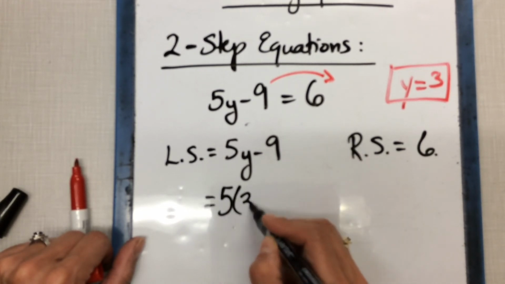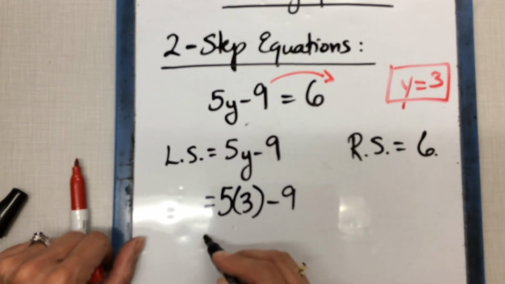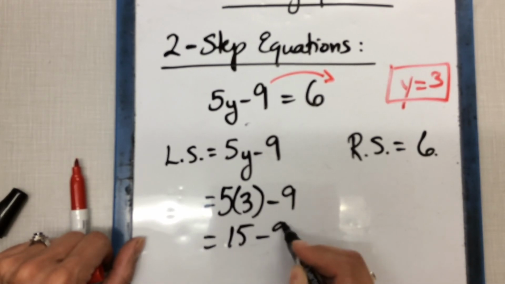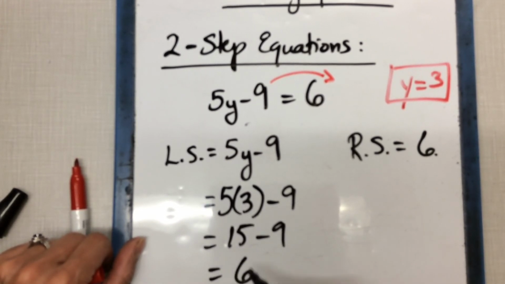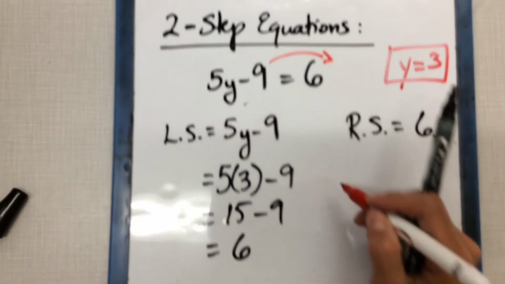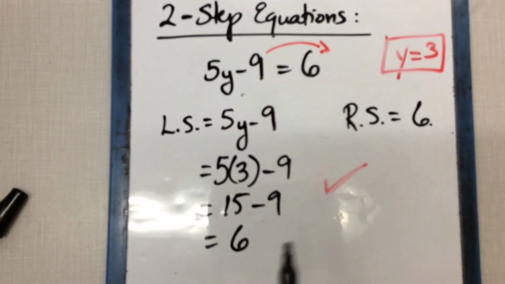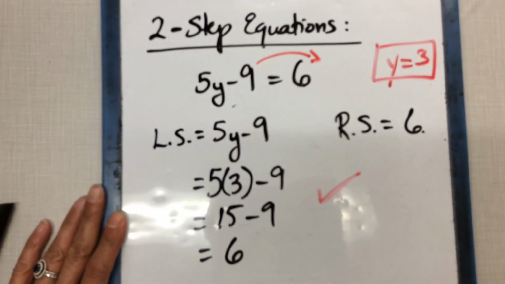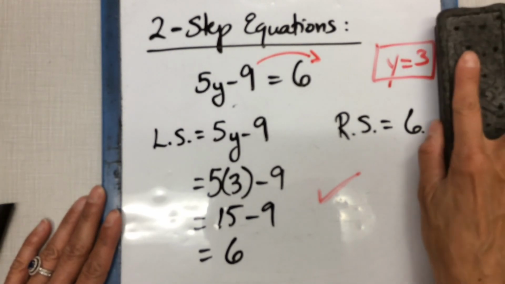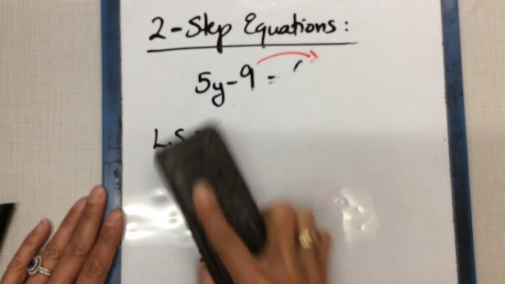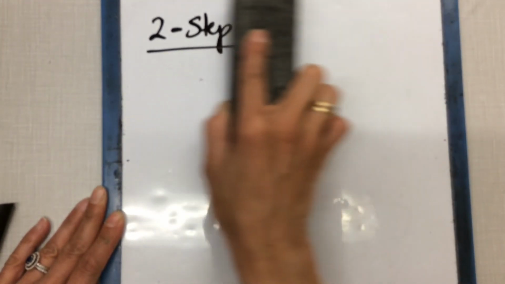And we're going to plug in the 3, use brackets again, and we've got 15 minus 9 equals 6. And as you can see, it works on both sides. And so we've satisfied this equation and we found our variable. Okay, so far we've done 1 step, 2 step. Well, the next one is multi-step.